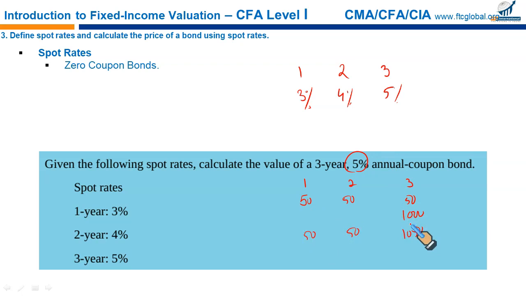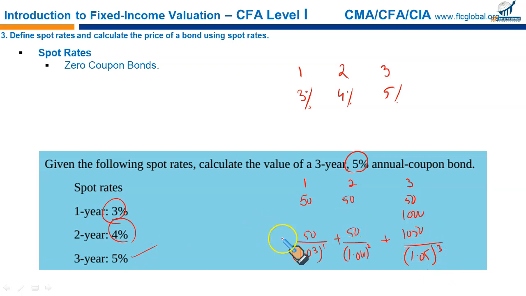Now we need to discount these at the relevant zero rates. So we will discount this $50 cash flow at the end of year 1 at 3%, so it's going to be 1.03 raised to the power 1, plus this $50 second year interest payment, which will be discounted at the next rate, 4%, so it's going to be 1.04 squared, plus 1050, that is the interest plus principal, which will be discounted at the third year's zero rate, 1.05 raised to the power 3.